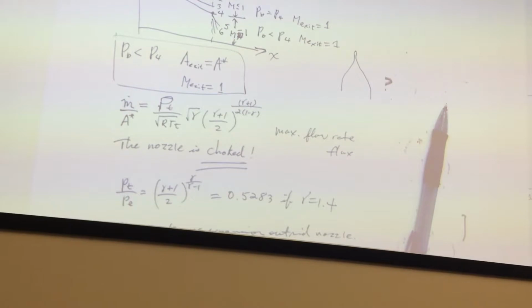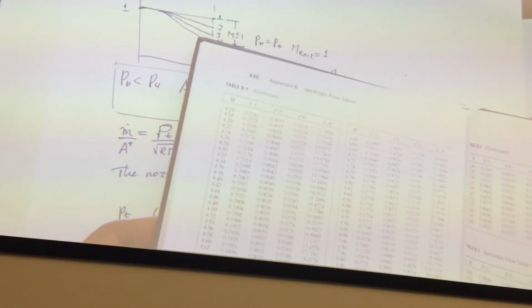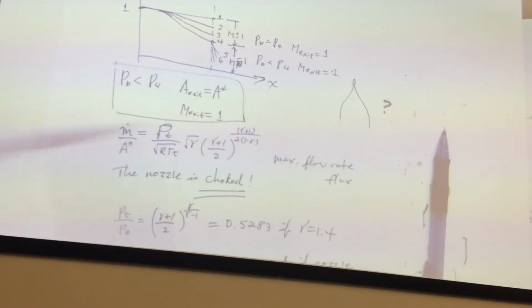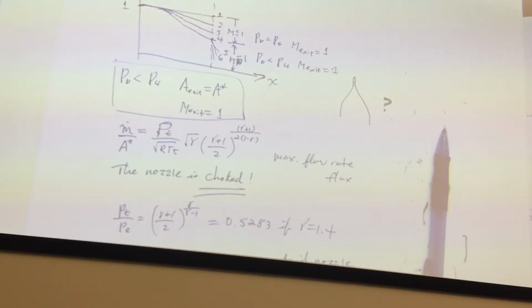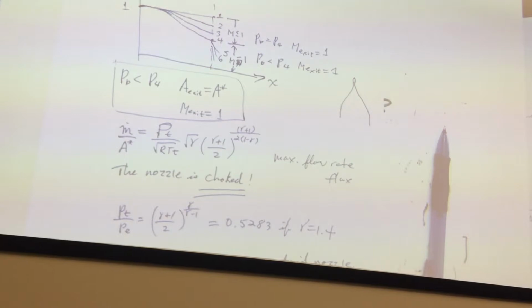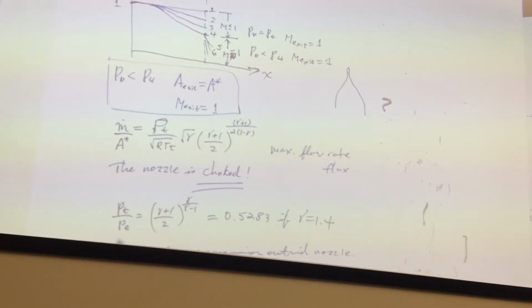Okay, so for example, you look at table B2, that's on page 630. You look at M equal to 1, that ratio is 0.4854. So this will be 0.4854. Right? I think I messed up here, right? This should not be like that.